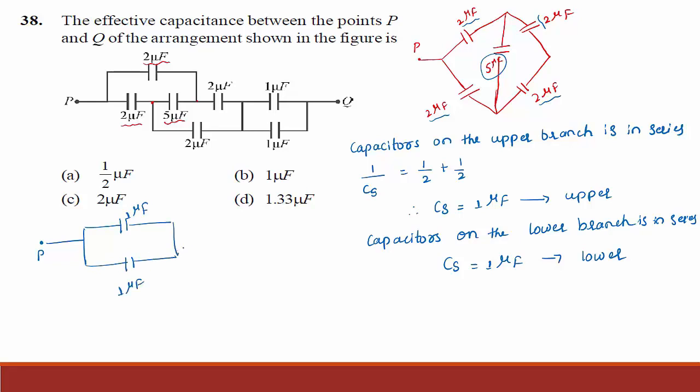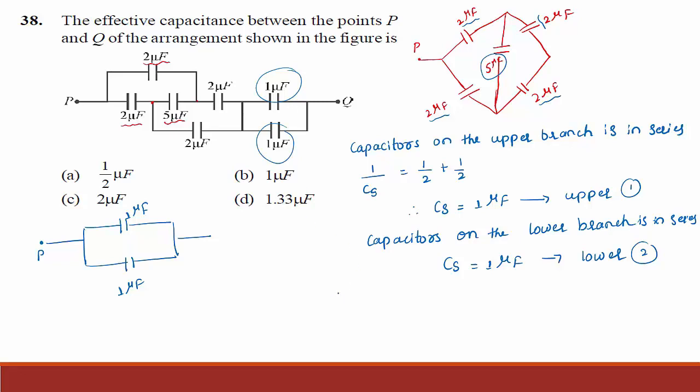Right? Now what remains is connected to these. In the original diagram you can observe the remaining are only these two parallel combinations. Let us take this as the first value and this as the second value. Now the capacitors here, 1 microfarad and 1 microfarad, are in parallel connection.